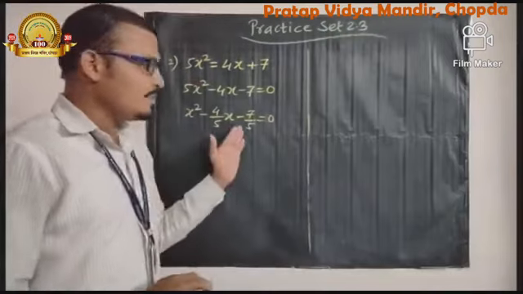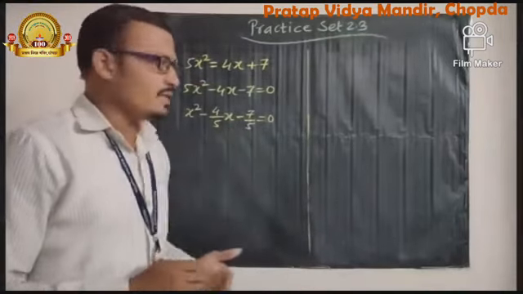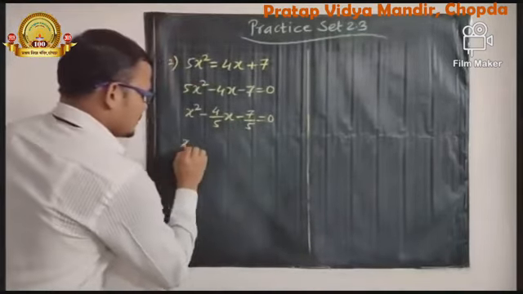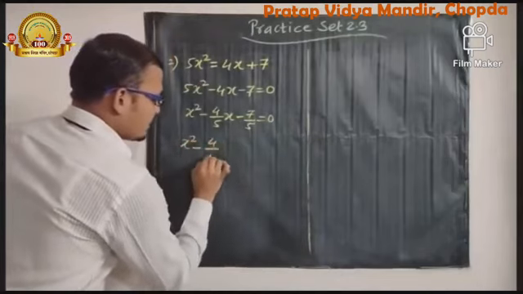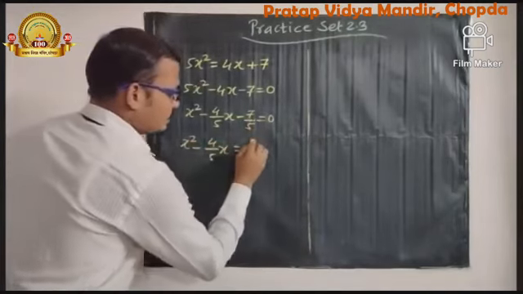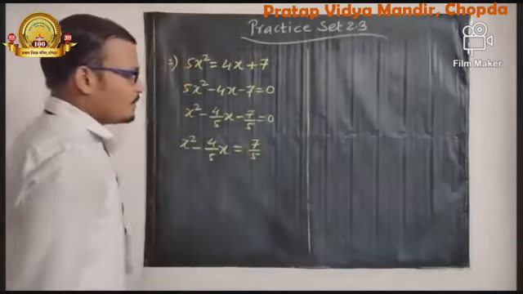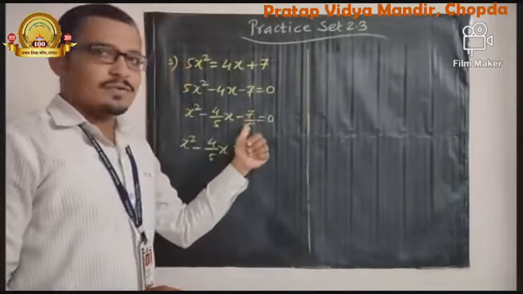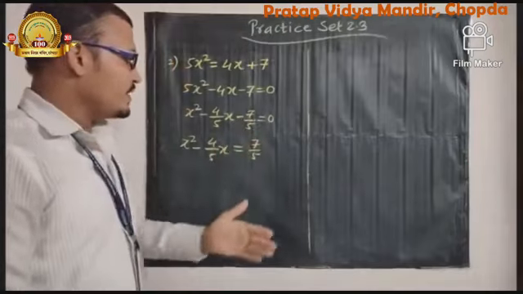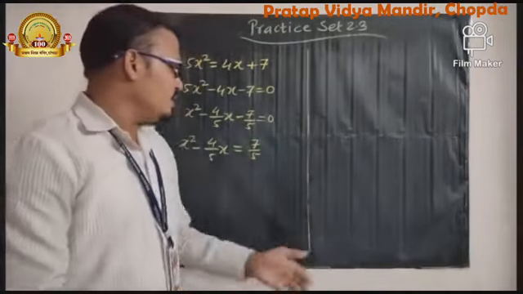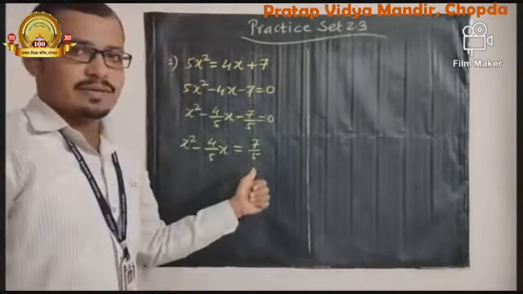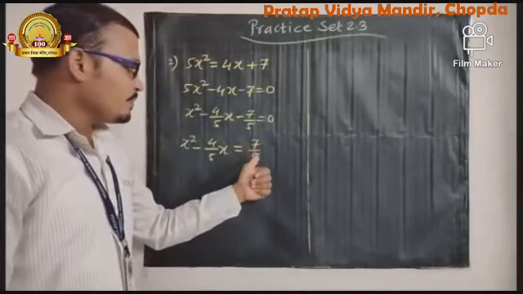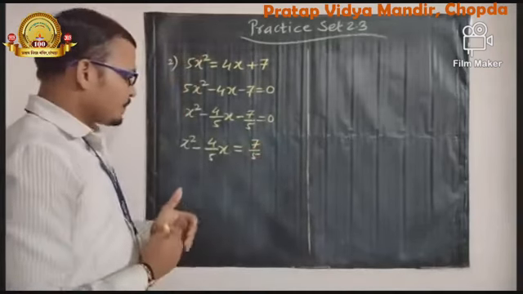Then shift the constant term toward the RHS. Therefore x² - (4/5)x = 7/5. As this 7/5 is negative, when we shift it toward the RHS, its sign becomes changed, so it becomes plus 7/5.